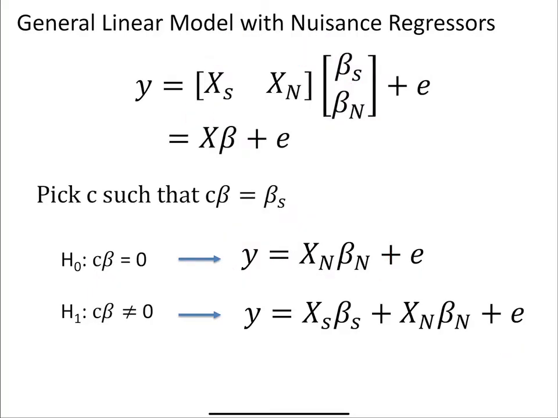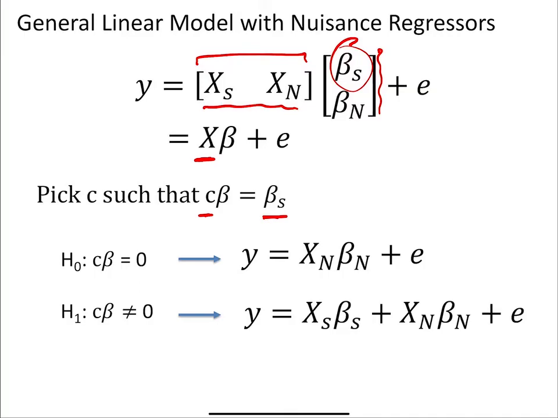So this is just a partitioning of the X matrix. Even though it's useful to think about this, it's much more standard to keep the original notation and pick our contrast matrix such that it only picks up the signal betas. So we pick a contrast matrix where C times the overall beta is just equal to my signal betas.